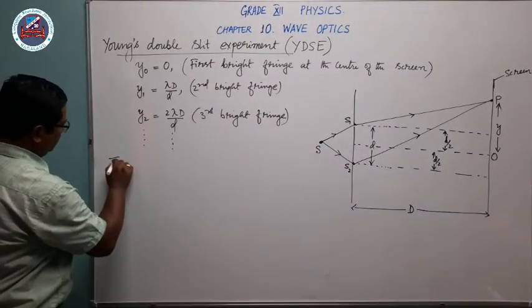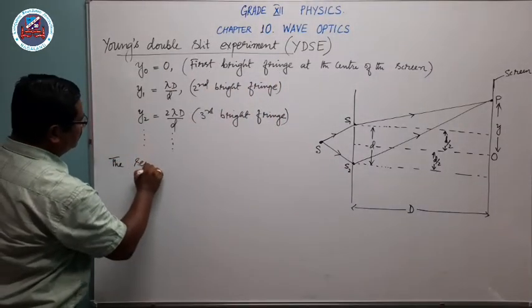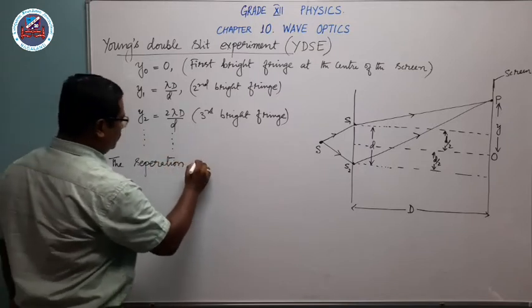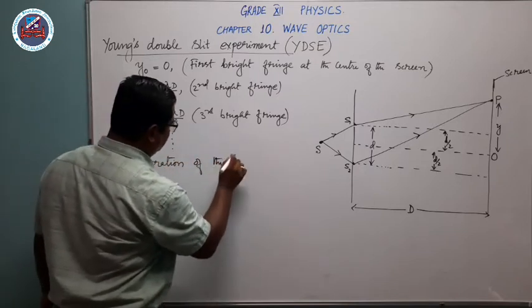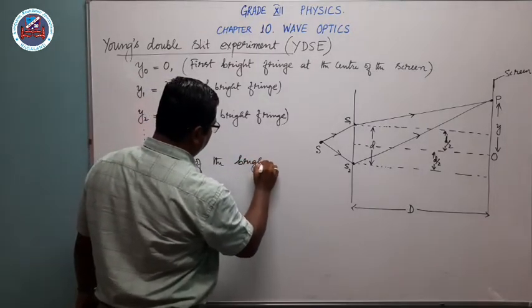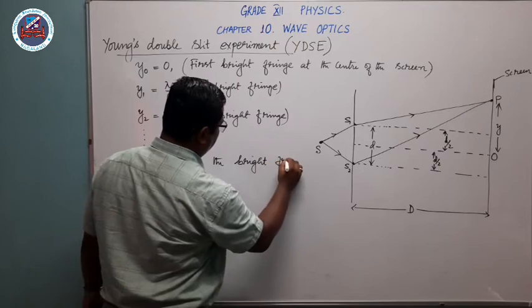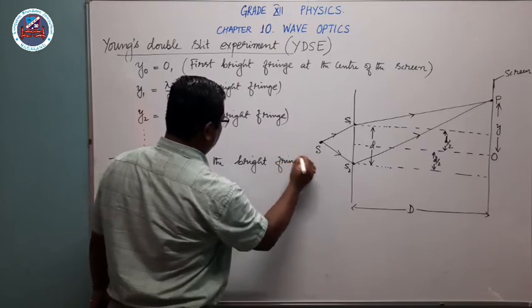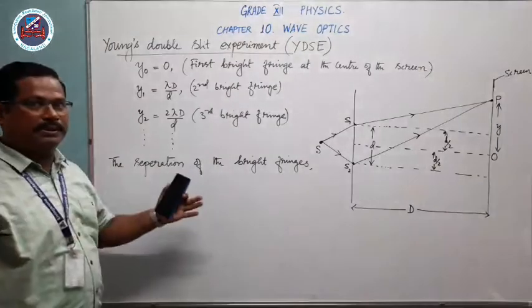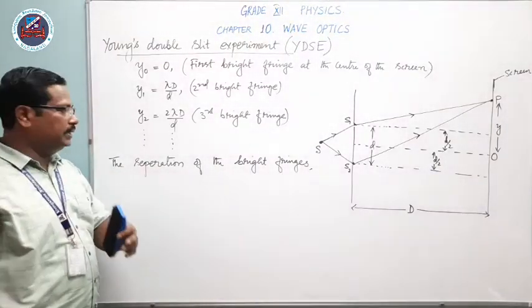Now the separation of the bright fringes, to find out how much distance the bright fringes will be formed at. They are equally spaced. Remember, all the fringes are equally spaced.